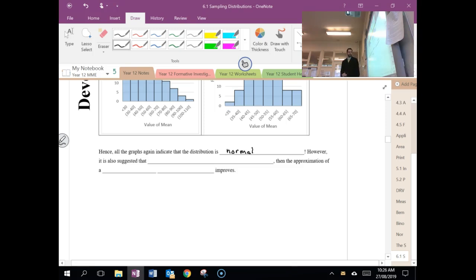However, it also suggests that as the sample size increases, then the approximation of a normal distribution actually improves. In other words, it gets more normal.